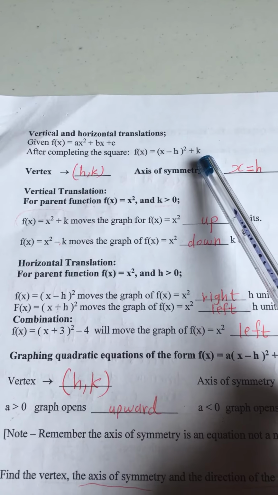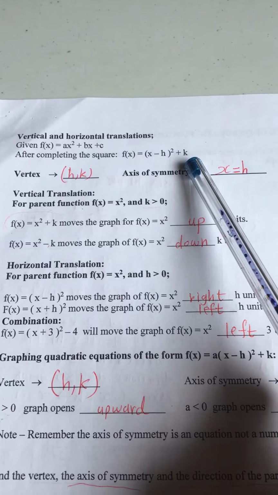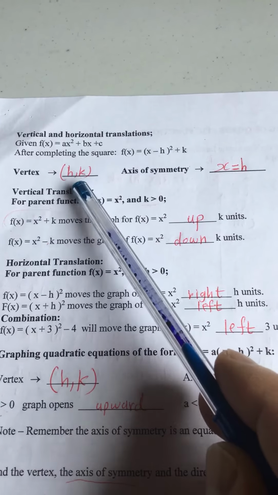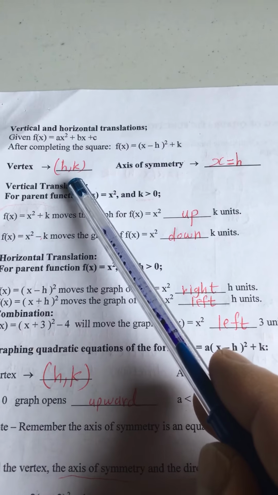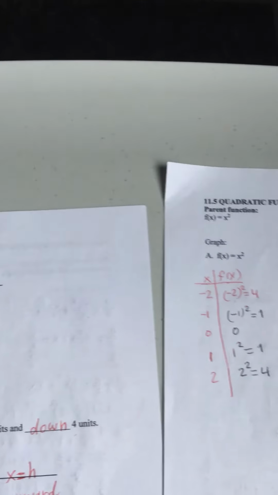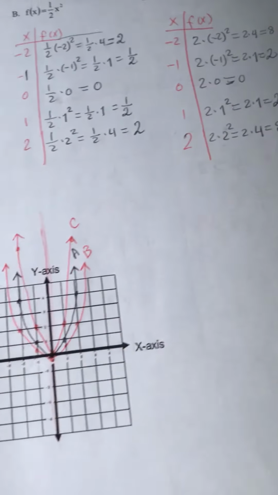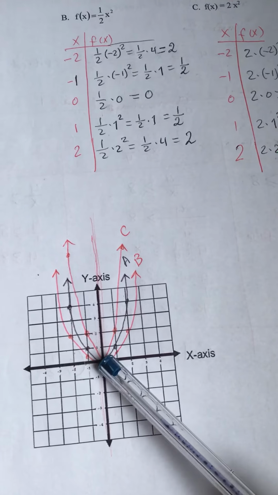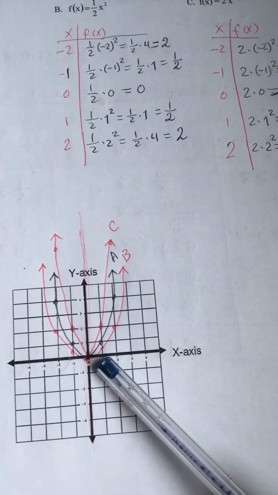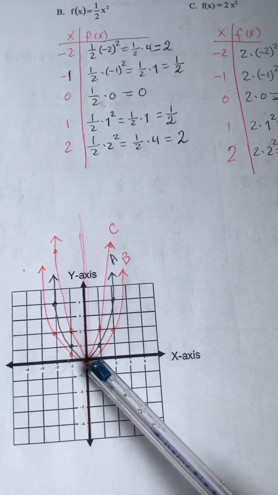So the vertex for this parabola is (h, k). For example, the vertex for these three graphs is (0, 0), the origin. So h here is 0 and k is 0.